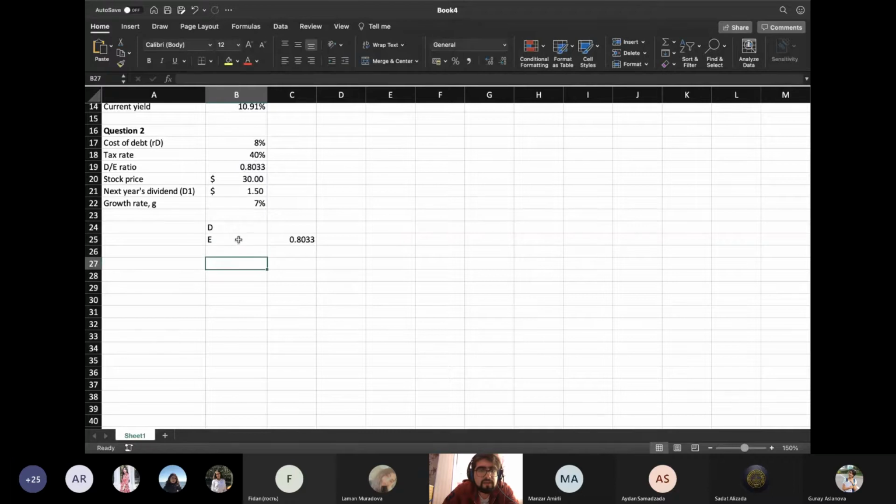It means debt over equity is 0.8033. Debt is equal to 0.8033 E. I hope you see it.